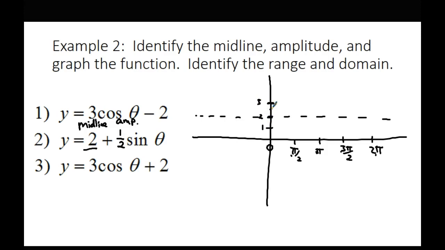This is going to look a little bit weird, but we go up a half from the midline. So it's going to be at 2.5, right in between 2 and 3. Where will the minimum value be? At 1.5, between 2 and 1.